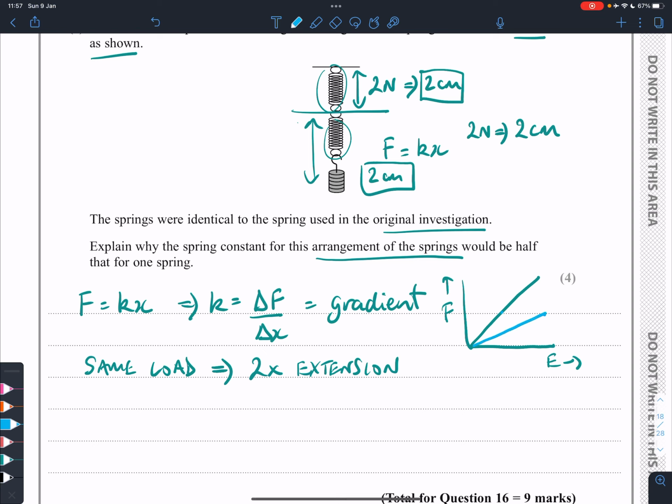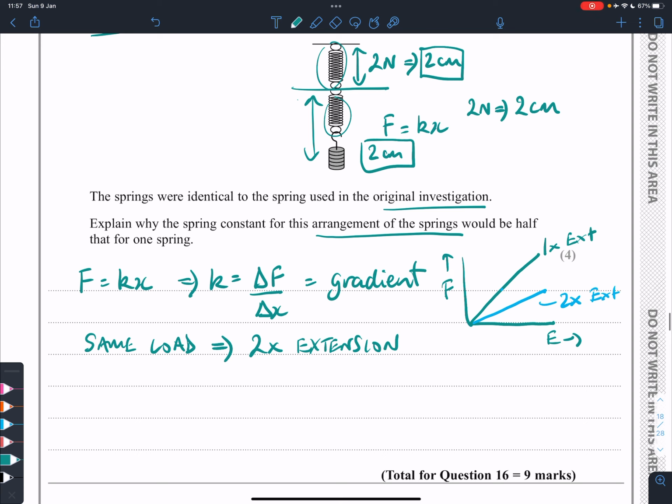So we get twice the extension for the same load, and this is the 1 times the extension. What that means is the gradient of the blue line equals half the original gradient.